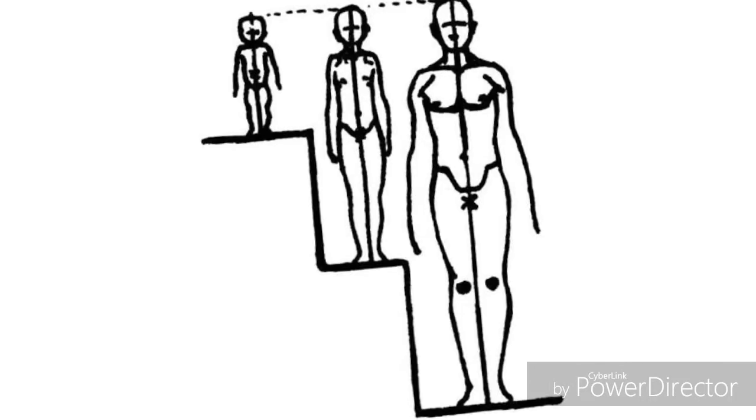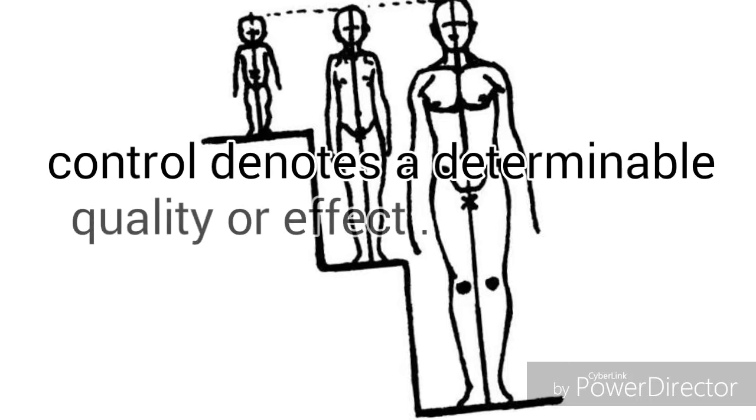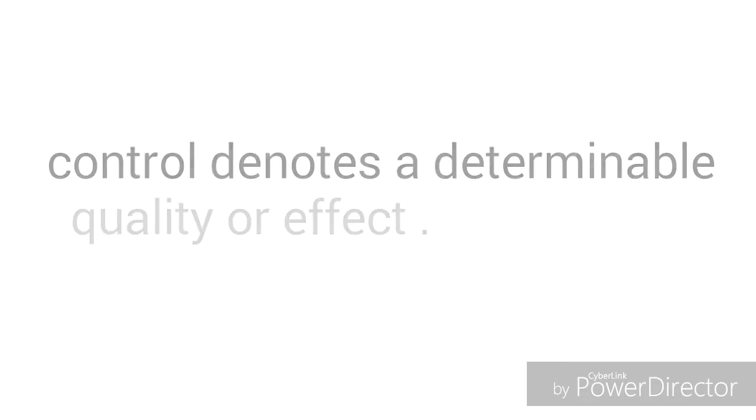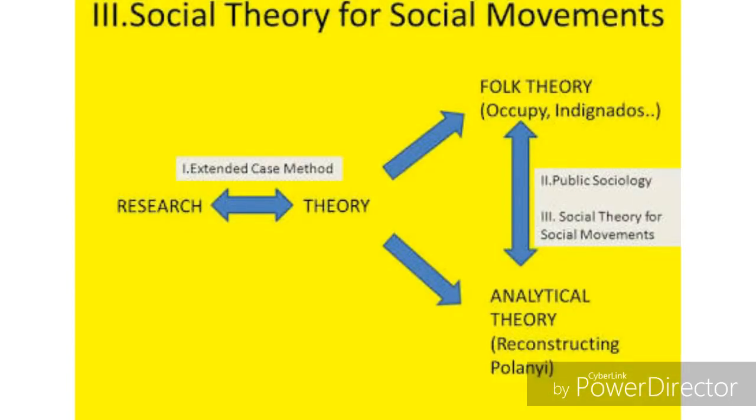If the increasing age of Ram is being related to his increase of height, here his age is certainly not static. In a nutshell, I will say that control denotes a determinable quality or effect in analytical method.